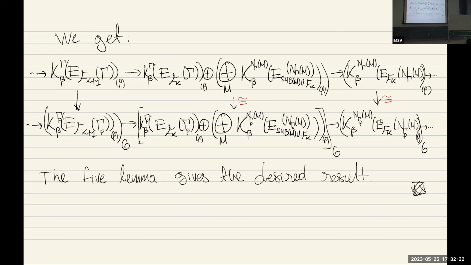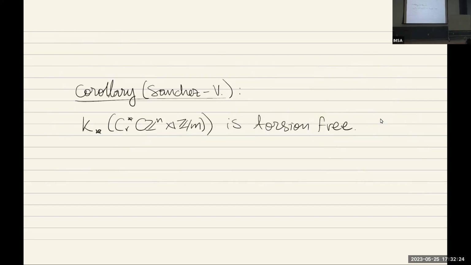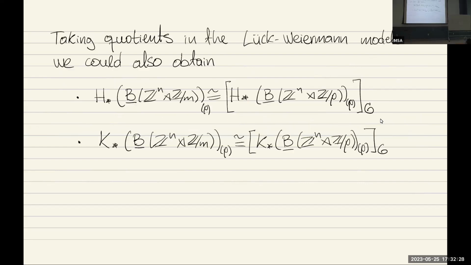Okay. Then this K-theory group is torsion free. Also, we can apply these ideas to compute, for example, the homology of these quotient spaces, that are the toroidal orbifold quotients.